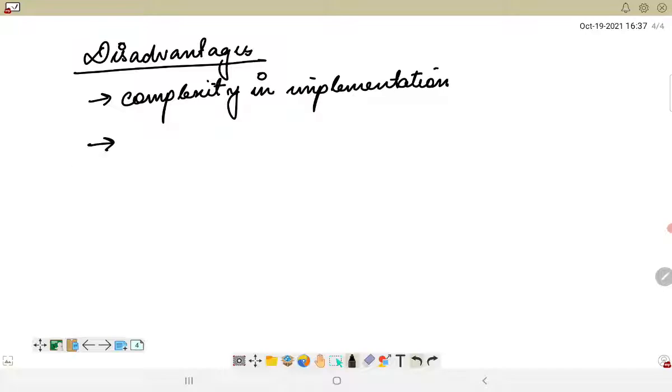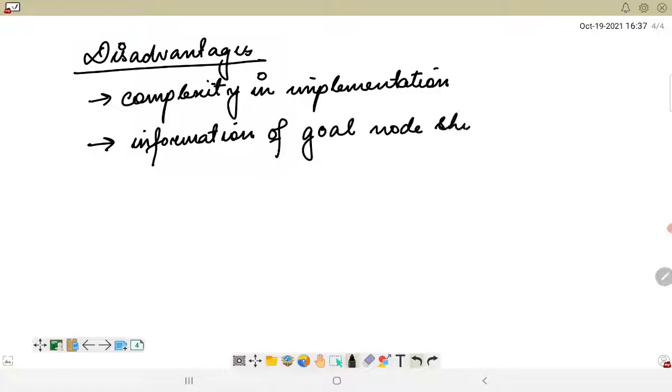Information of the goal node should be there. In this case, we will not be considering any spanning tree as the output, but we are simply associated with finding the goal node, so the goal node should be available. These are the two main disadvantages of bidirectional search. Otherwise, it is a complete search on its own.